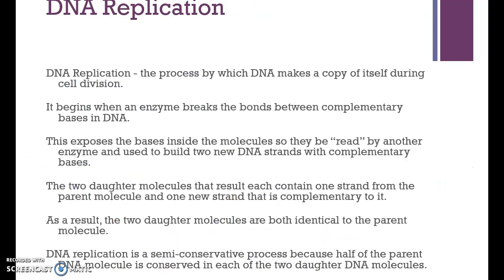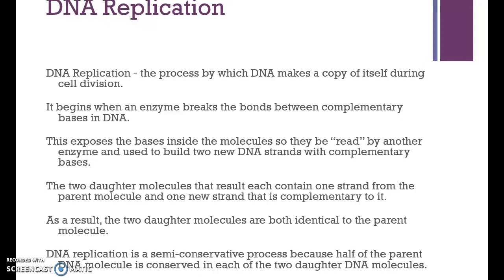DNA replication. DNA replication is the process by which DNA makes a copy of itself during cell division. It begins when an enzyme breaks the bonds between complementary bases in DNA. This exposes the bases inside the molecules so they can be read by another enzyme and used to build 2 new DNA strands with complementary bases.